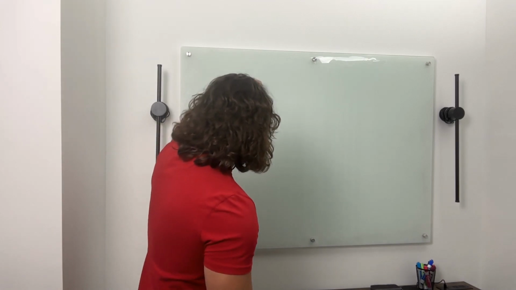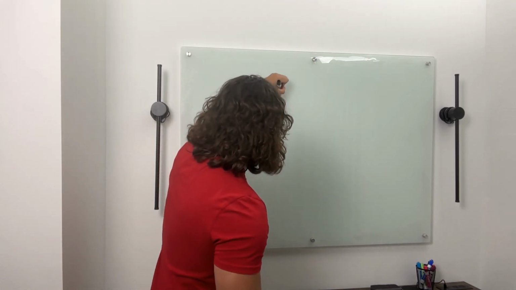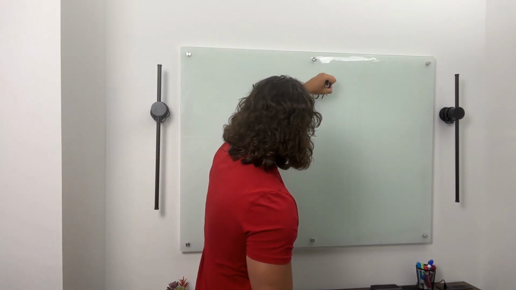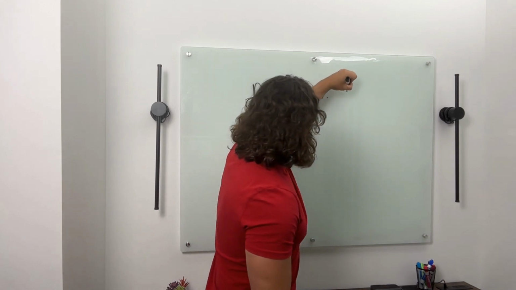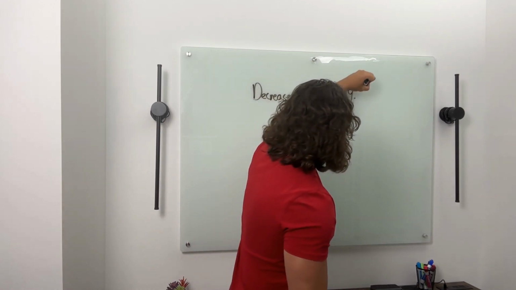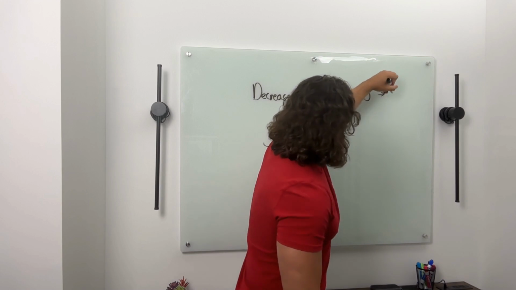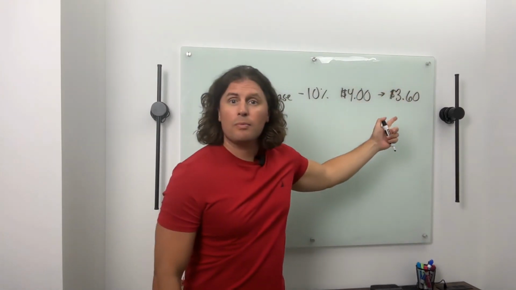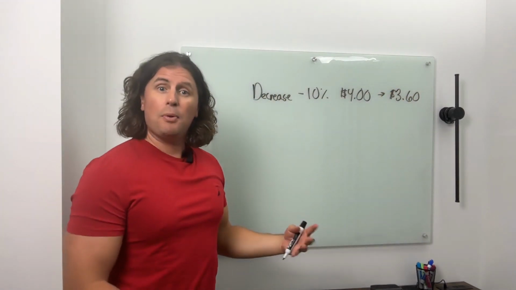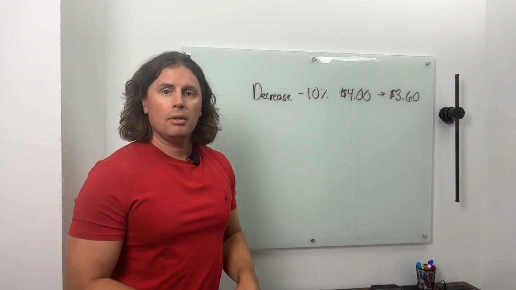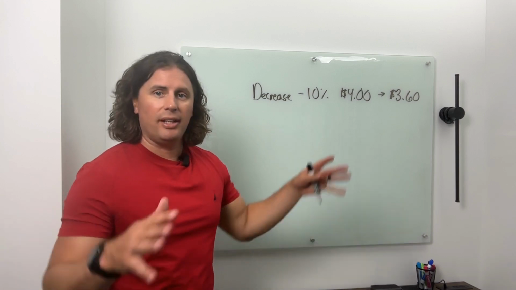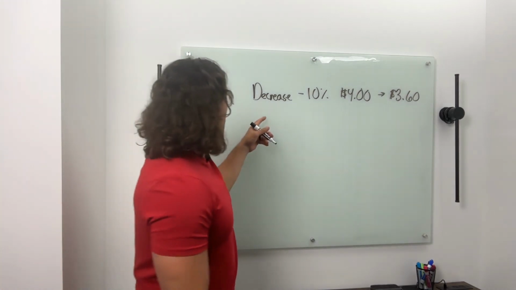If we have a decrease in price of, let's say, 10%. So if I'm just saying we've got $4 gas and it goes down to $3.60, everyone goes, hey, that's pretty good. Everyone feels good, but there's not a true good feeling that just moves down.